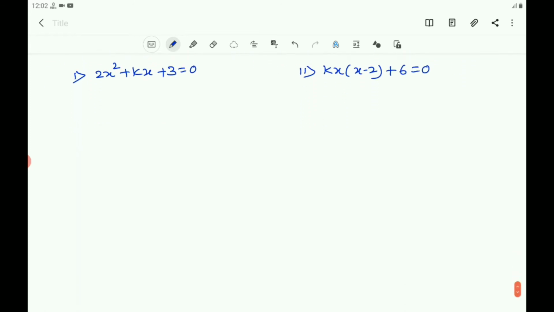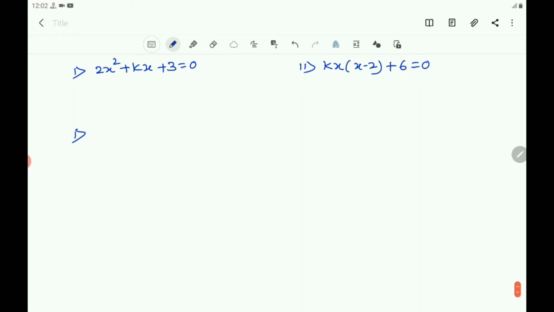Now you take the first one, that is 2x square plus kx plus 3 equals 0. Now as usual write the values of a, b and c. Here a equals 2, b equals k and c equals 3.